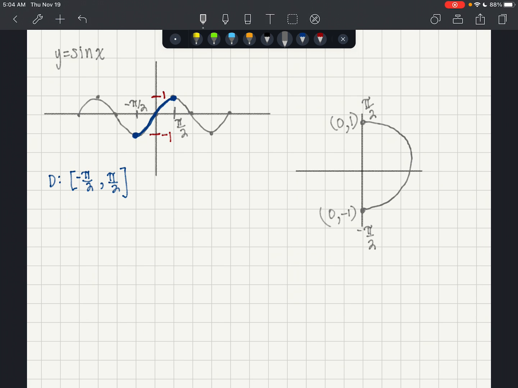So it gives us all of the ratios from -1 to +1. And we're talking about quadrants 1 and 4. However, the angle has to be between -π/2 and +π/2. The range, you can see from the graph, is going to go from -1 to +1.